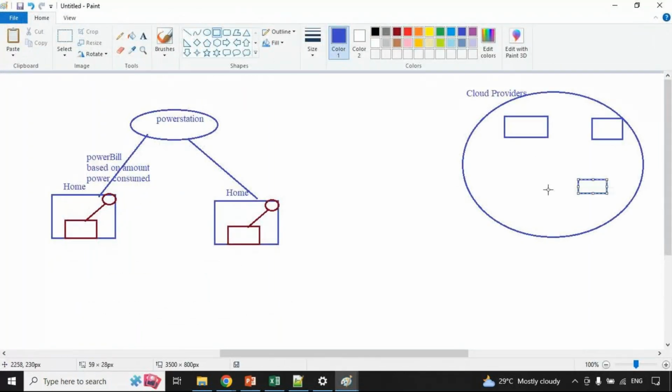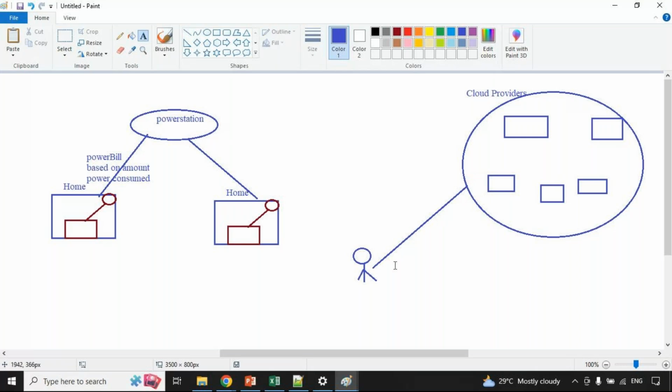You are the person who is going to utilize those cloud services, and then you pay for it. If you consume more space and more services, you have to pay a bigger bill.